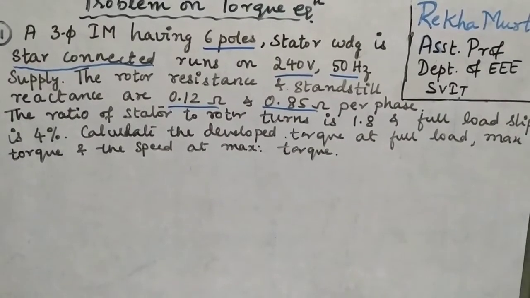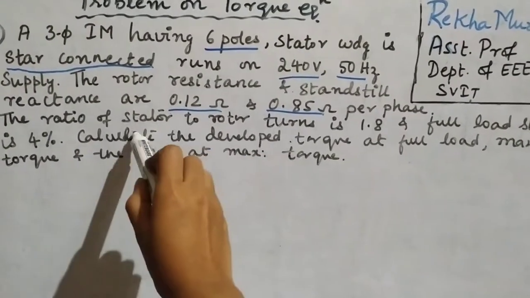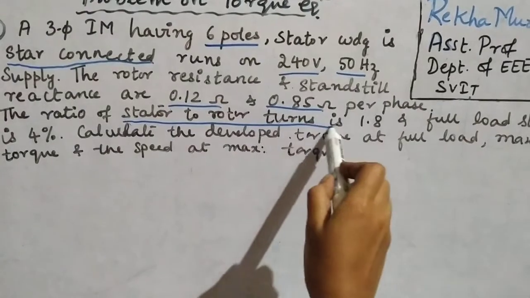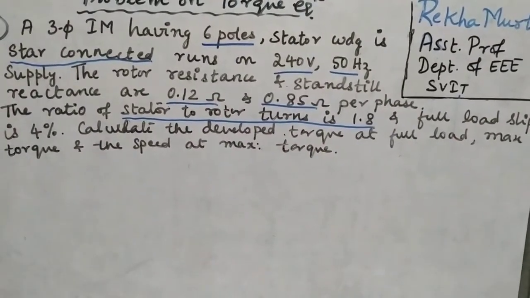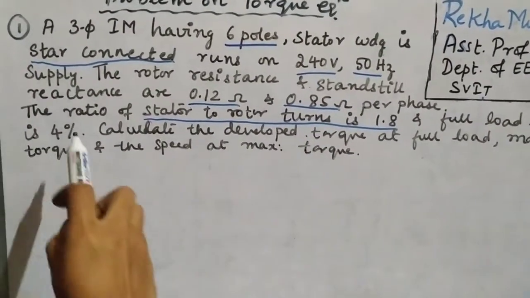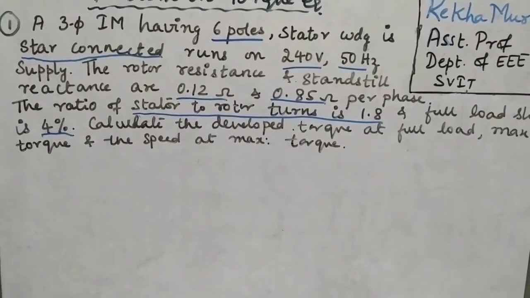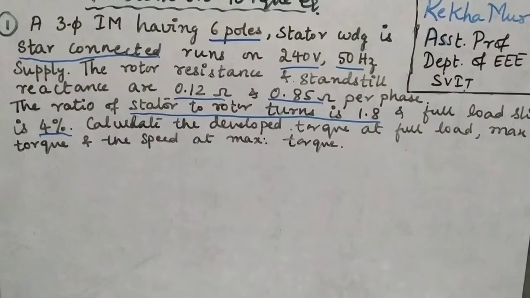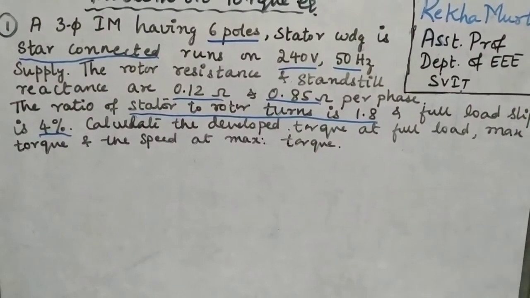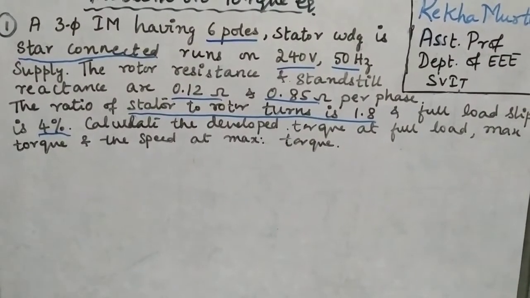The ratio of stator to rotor turns is 1.8 and full load slip value is 4%. Calculate the developed torque at full load and also calculate the maximum torque and the speed at the maximum torque.